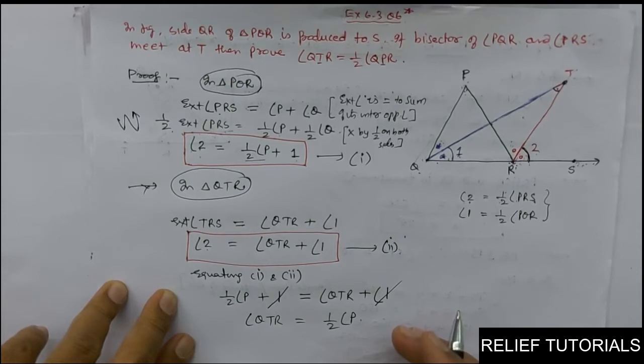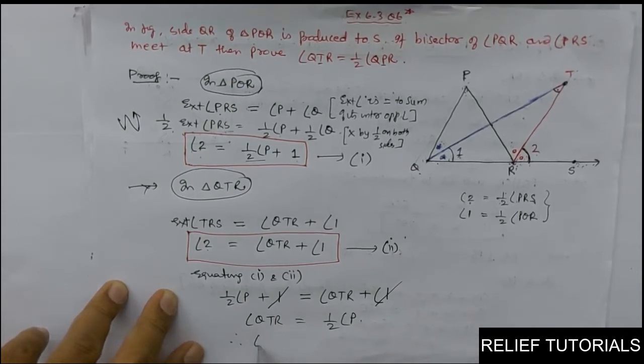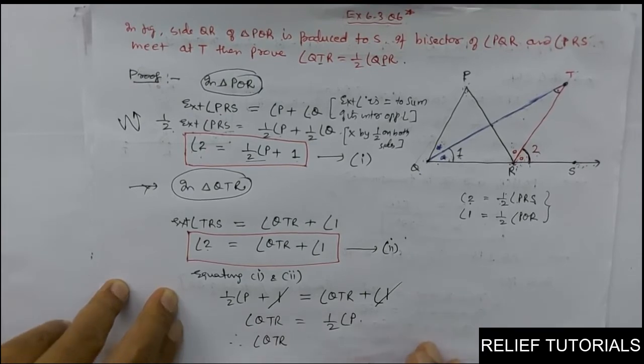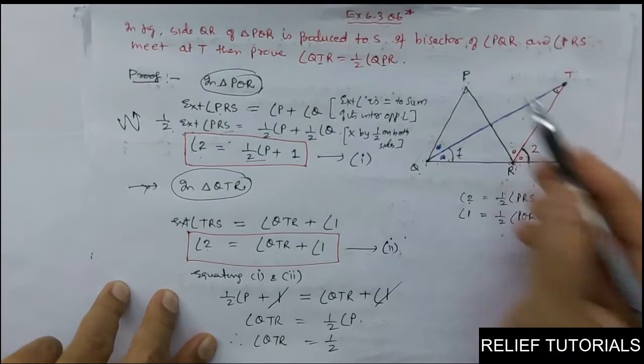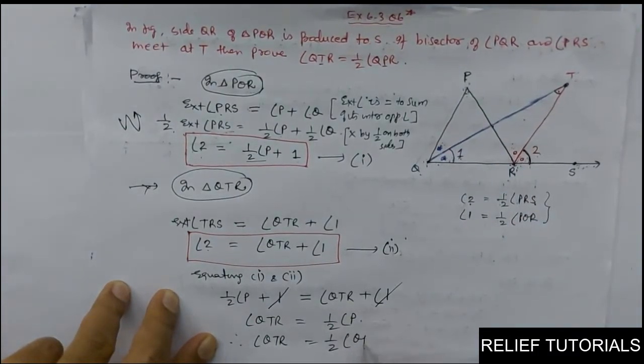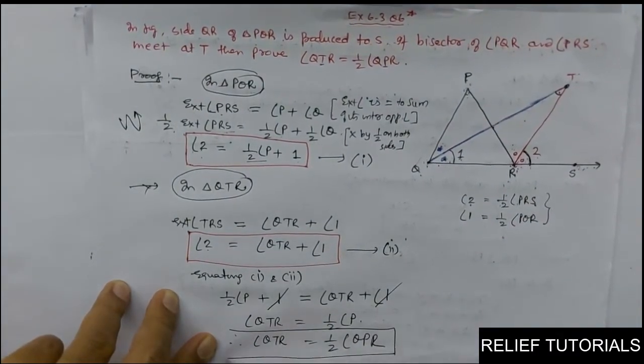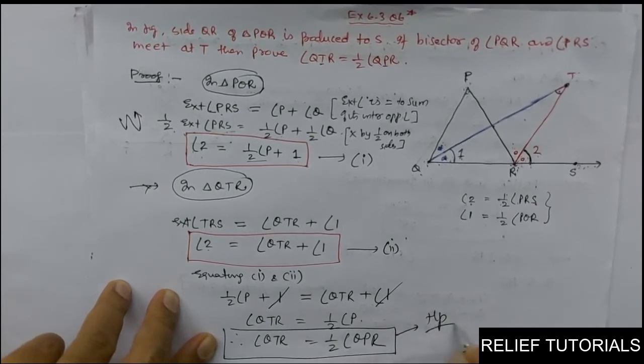So now what do we want? Therefore we can say angle QTR is equal to half of angle P. Angle P is nothing but angle QPR. It is equal to half of angle QPR. This we got. Hence, proved.